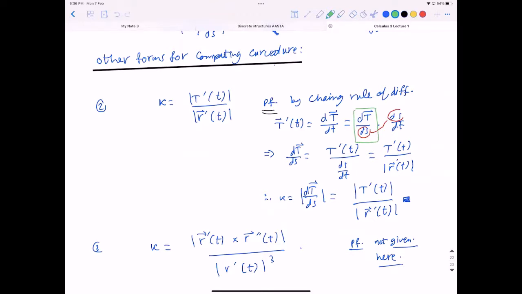So isolate or solve for dT by dS to calculate kappa from it. Then we have T prime divided by dS by dt. From the right, this is T prime divided by the magnitude of r prime, because we know before delta S is delta r, so when they are infinitesimal, dS is dr. So dS by dt is dr by dt, and dr by dt is the tangent vector r prime.